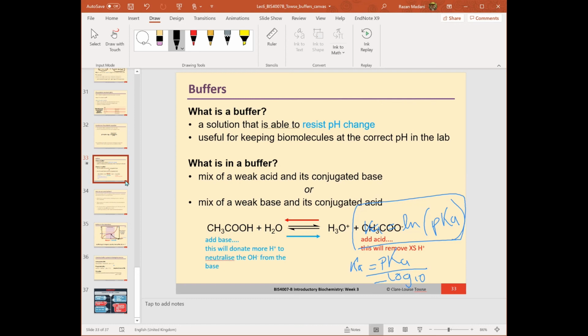So it's a mix of weak acid and its conjugate base, or a mix of weak base and its conjugate acid.